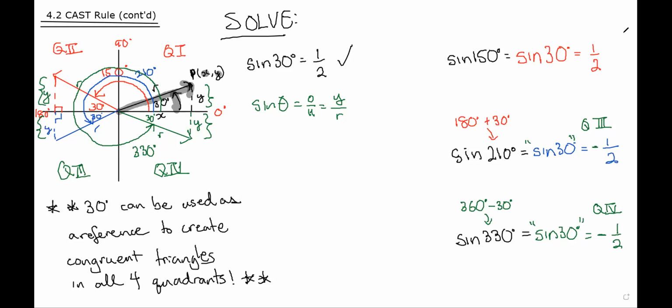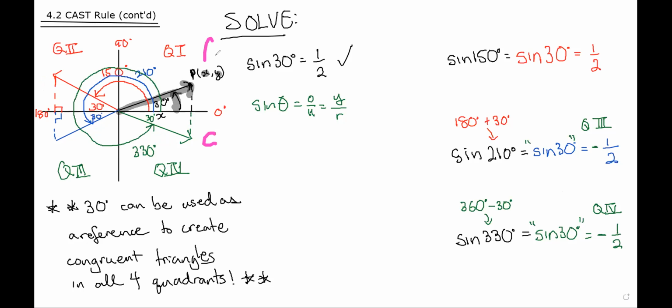I don't want to deal with all of this, right? As a mathematician it's just a little bit annoying. I'd rather not have to worry about y and r and y and r every single time. So this is the CAST rule shortcut. Let's use pink. C, let's get bigger, thicker.